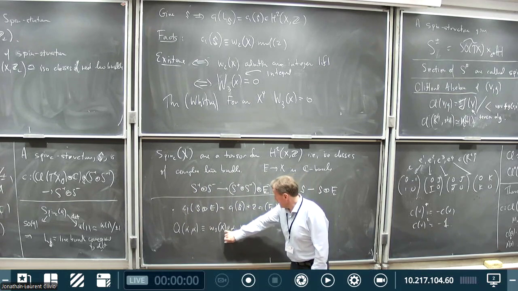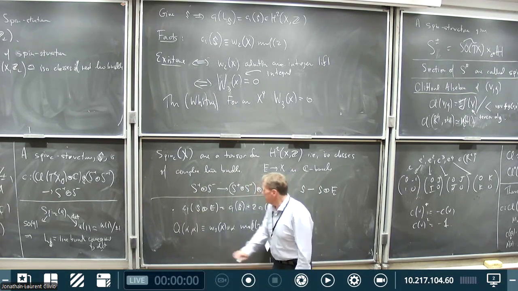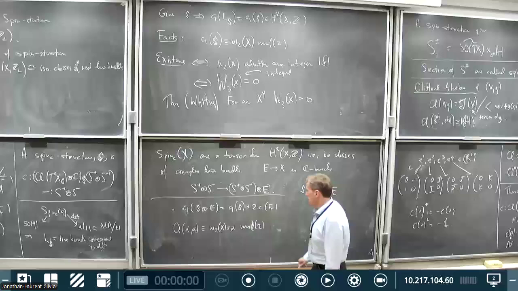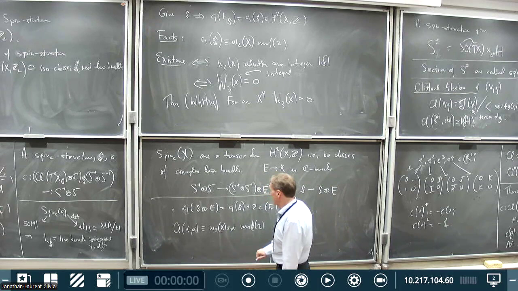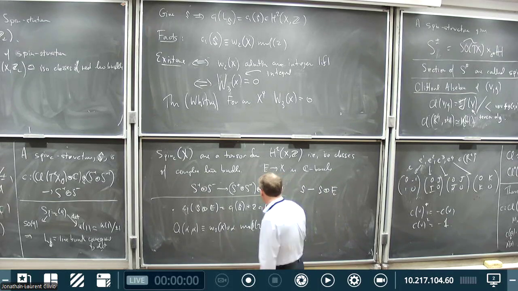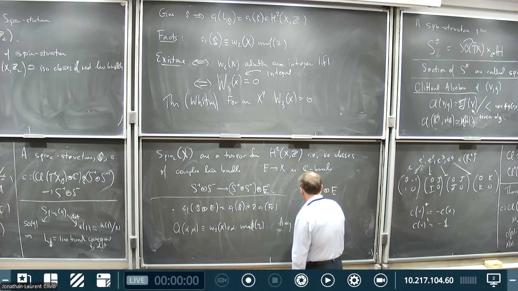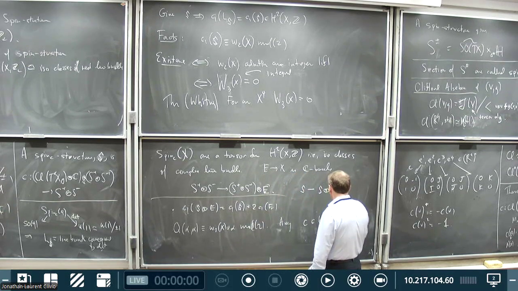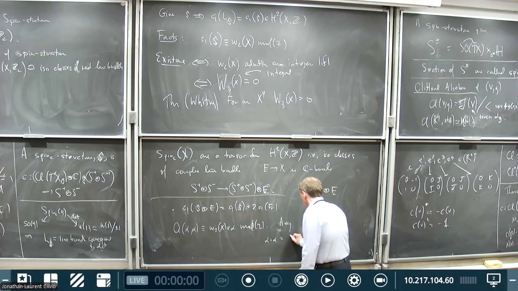So if W2 vanishes, then the intersection form is even. Any C in relation to X Z, with this property, so just the alpha is C dot alpha mod 2.